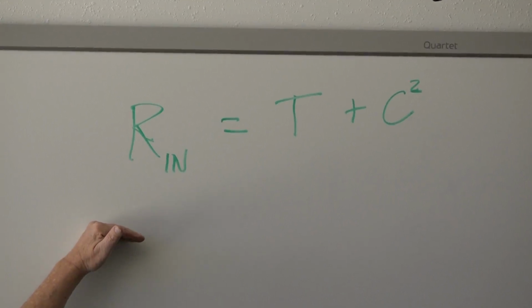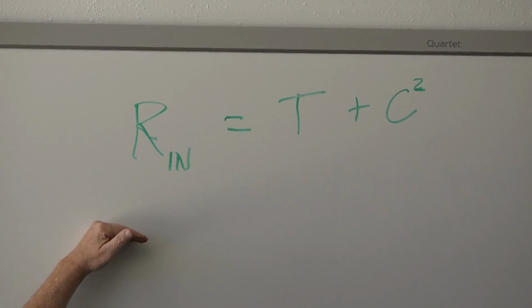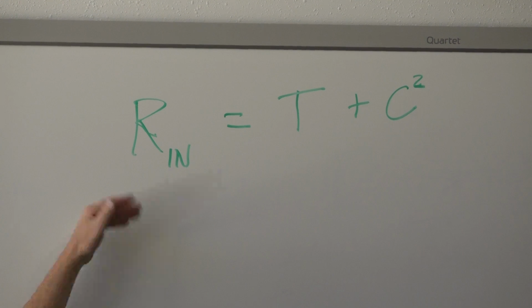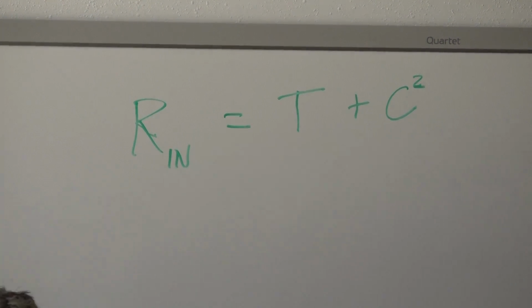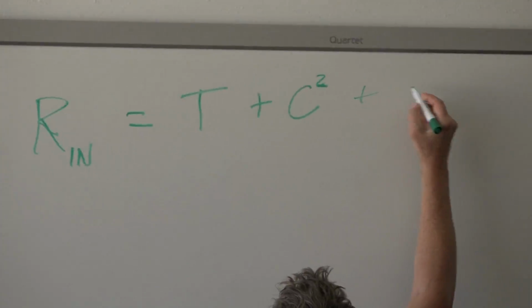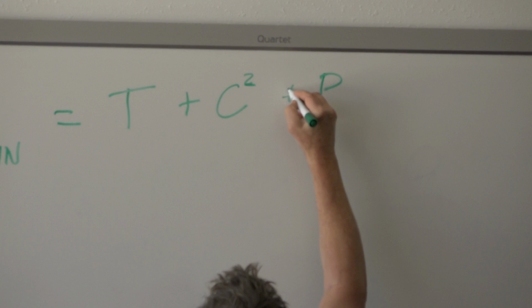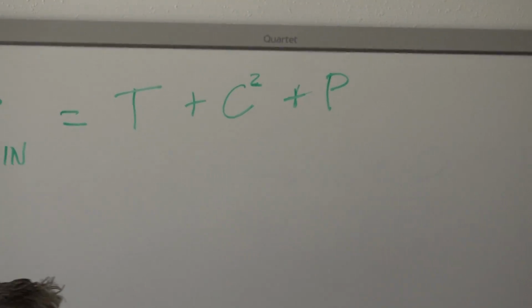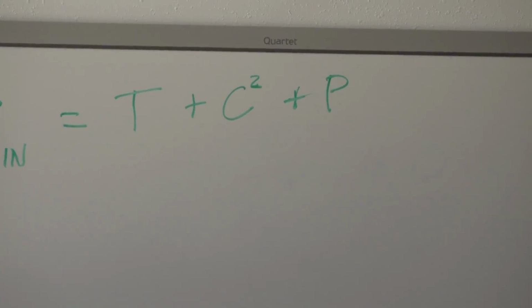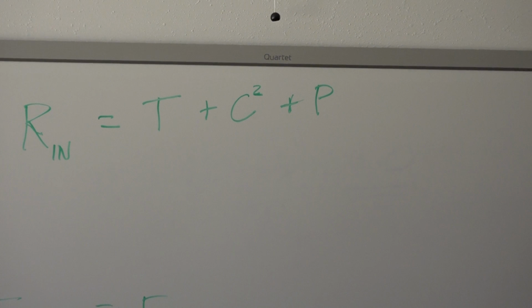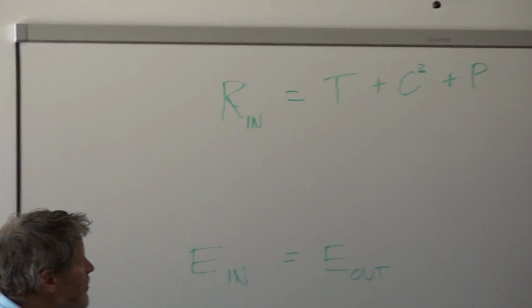Any good plant person is going to say, well, wait a minute, there's photosynthesis in this, and some of the energy goes into photosynthesis. And it's correct. So over here, we have P for photosynthesis, and that's some of the energy. So now we're getting a little more complicated and more detailed.